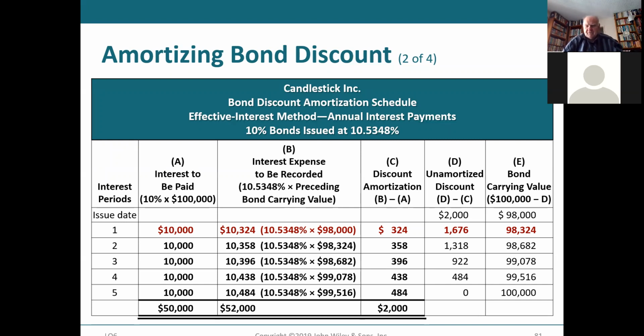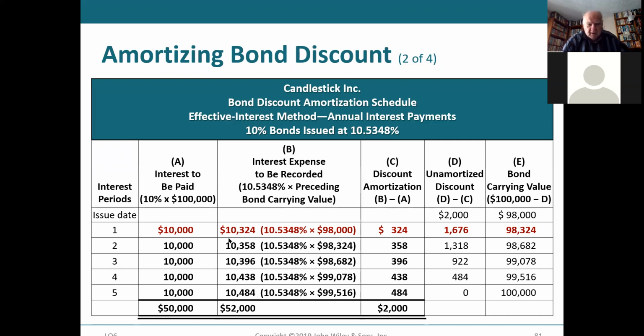The bond carrying value, which is also called the net book value, times the market rate equals the total interest expense. So what do you have here? You have a net book value of 98,000 times whatever the interest rate was, 10.5348. That equals $10,324. That's your total interest, total.